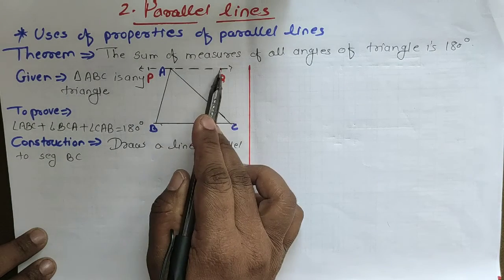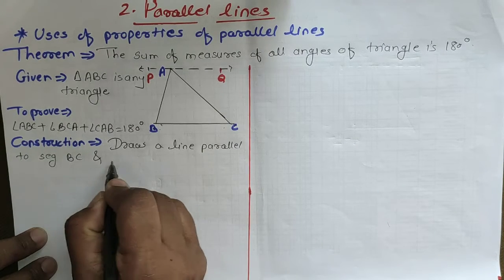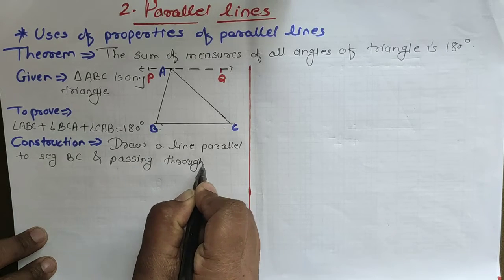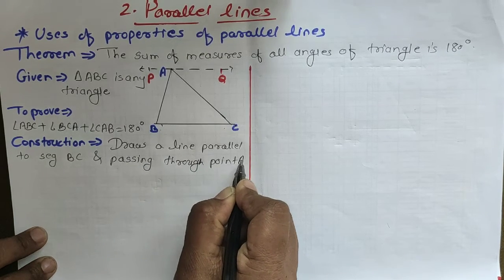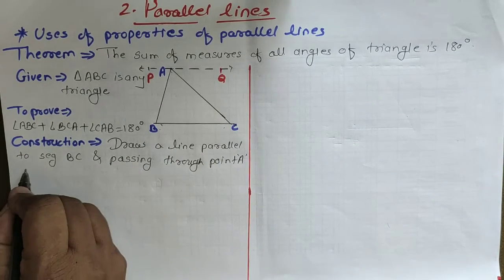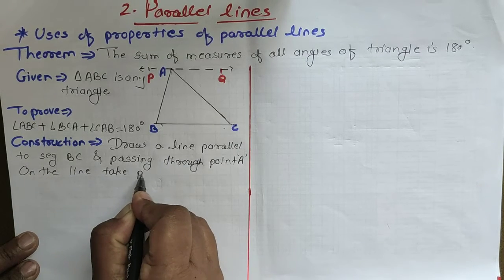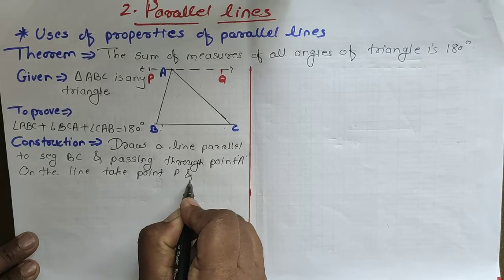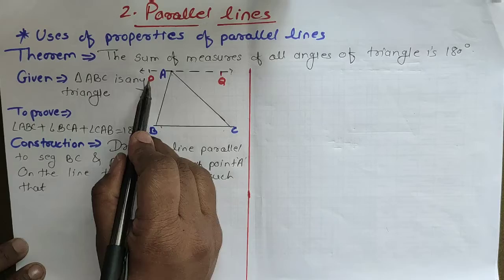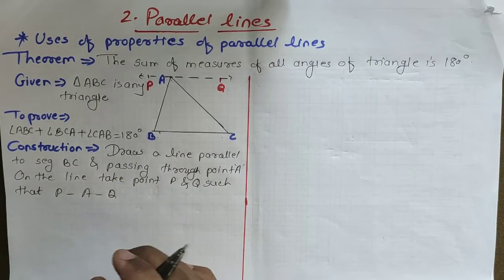This PQ is a line and it is parallel to BC, passing through point A. On the line take points P and Q such that P-A-Q, which means A is in between P and Q.